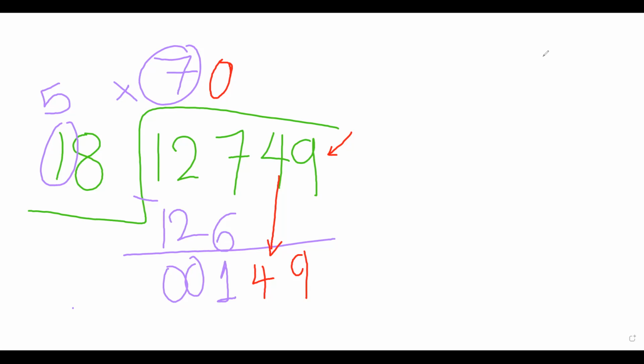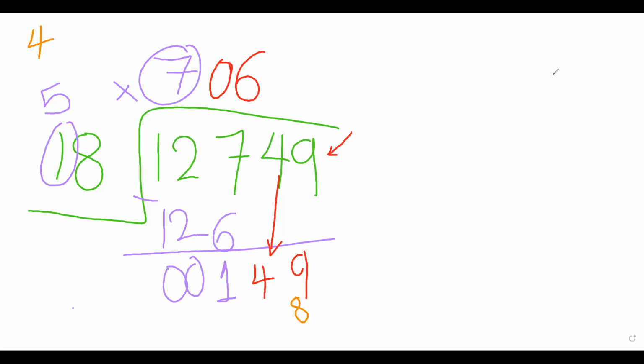Then now here, after that, what do we have? We have 149. Now, how many 18 in 149? You have to guess numbers. Let's try number 6 as an example. 6 times 8, 48.